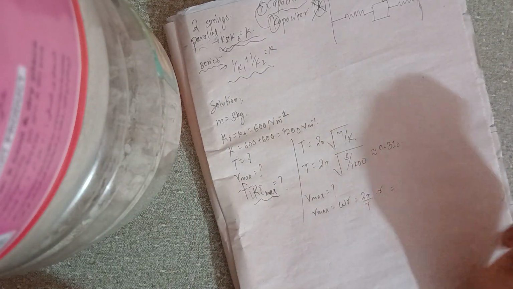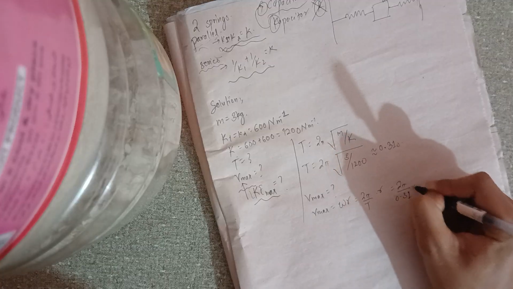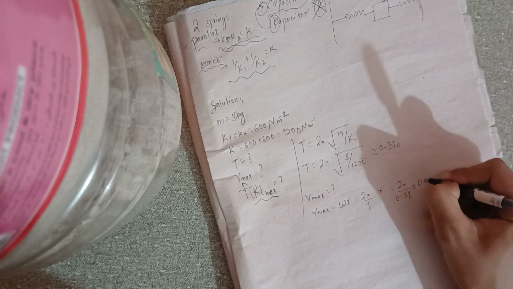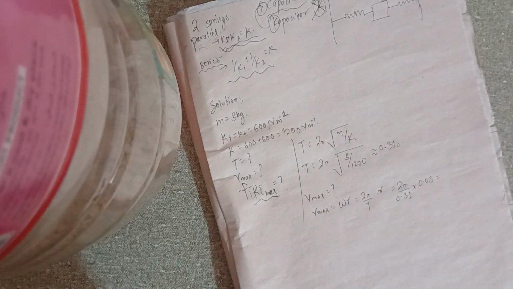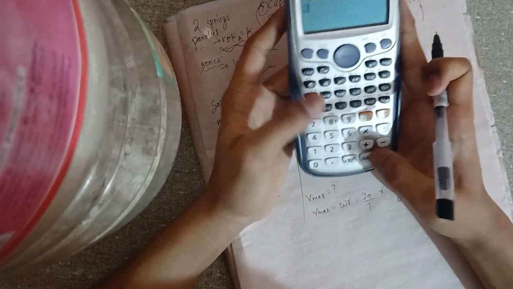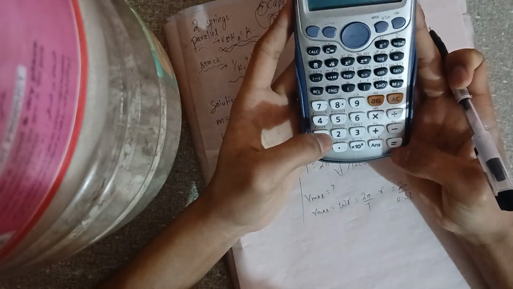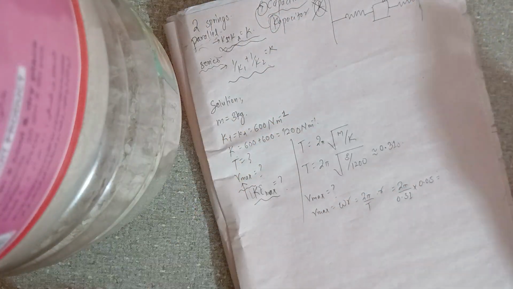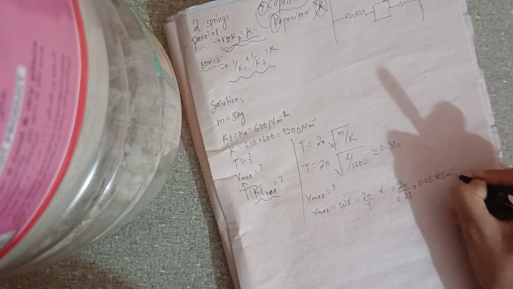So it will be 2 pi by 0.31 times r, which is 5 centimeters, so 0.05. This will exactly be equal to 2 pi upon 0.31 into 0.05. This will be almost equal to 1 meter per second. That is the maximum velocity.